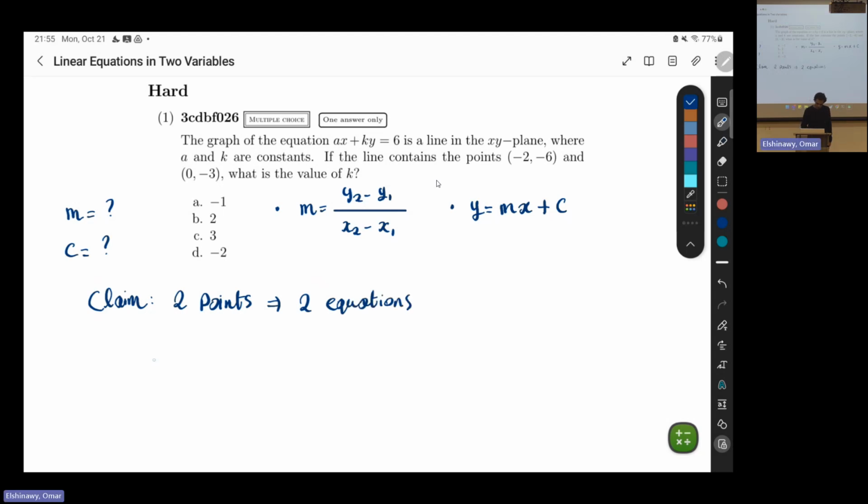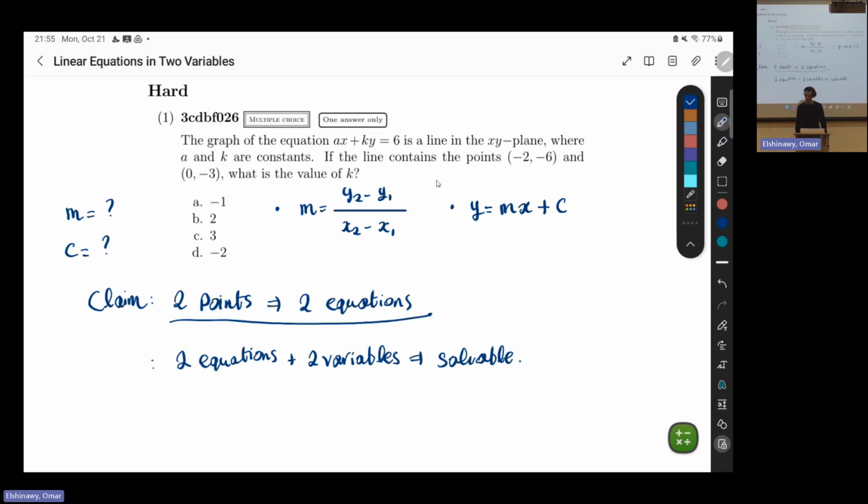And I also claim that two equations and two variables is solvable. For the second one, this is easy. I will show it to you now. And for the other one, I want to show you why this is true simply.